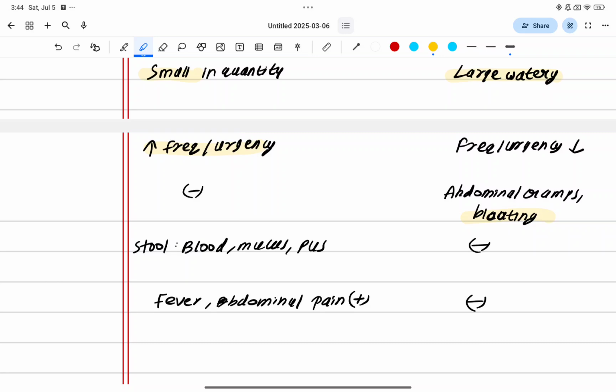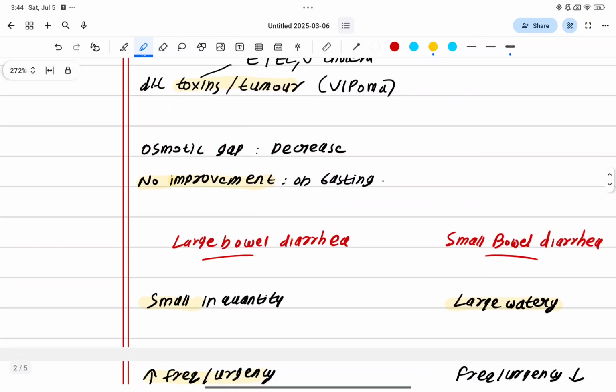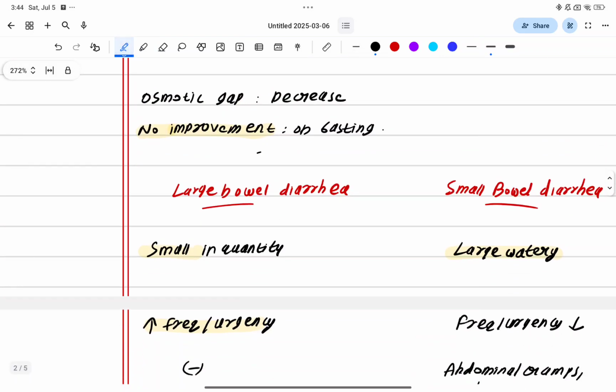Blood, mucus, pus, fever and abdominal pain are present in large bowel diarrhea, which can be due to invasion like shigellosis. Small bowel diarrhea is seen in osmotic diarrhea and secretory diarrhea.